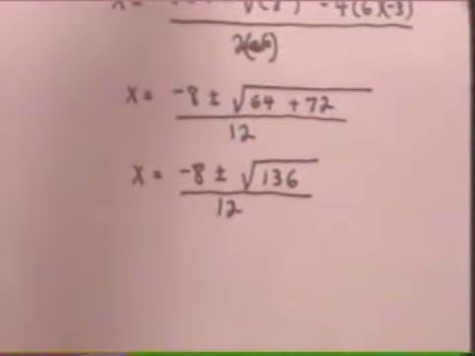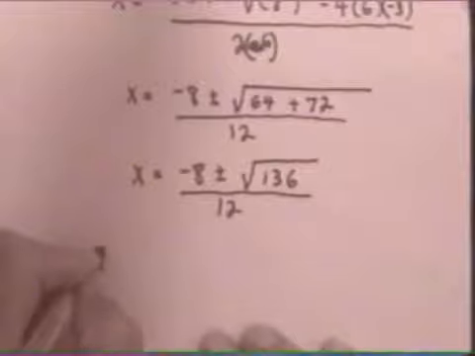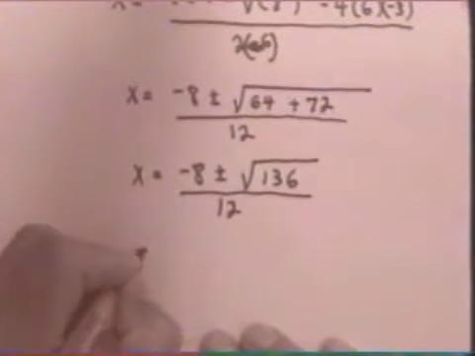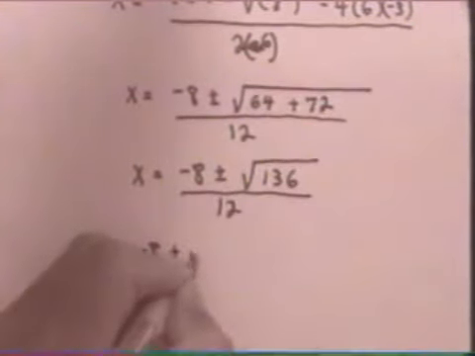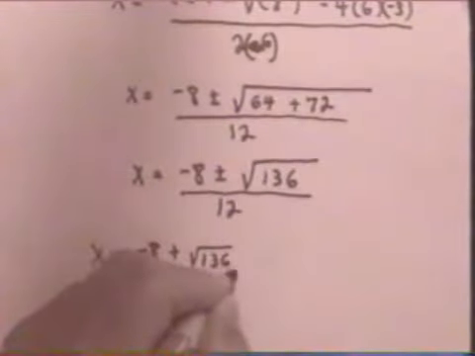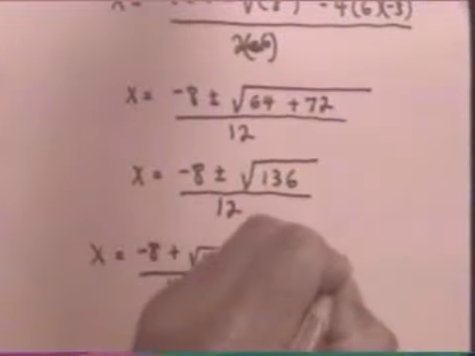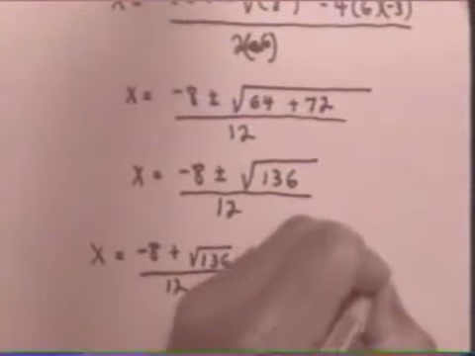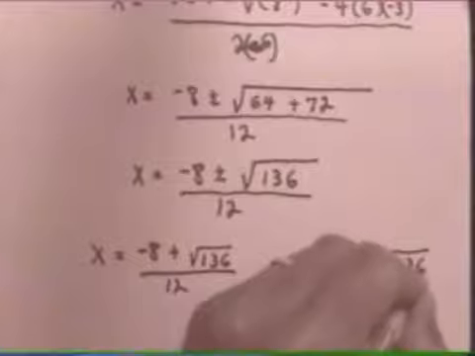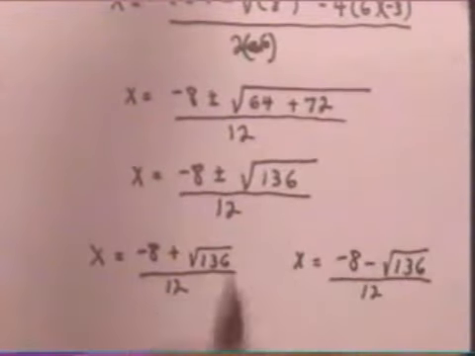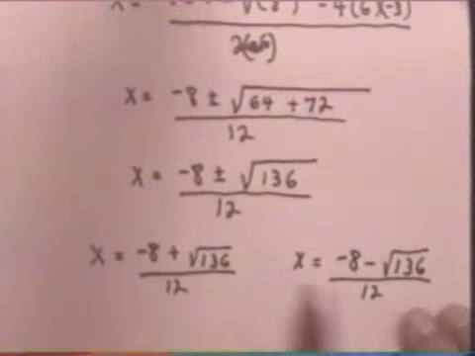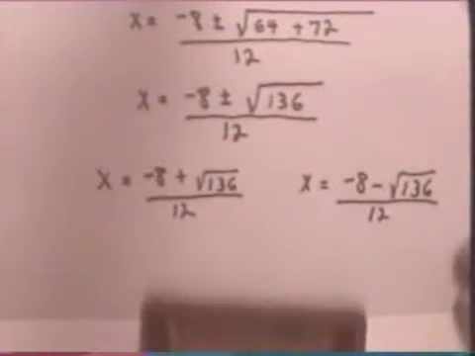Since we're going to round anyway, I might as well pull in the calculator and do my work there. So the first one would be x is -8 plus the square root of 136 over 12. The second answer is going to be x is a -8 minus the square root of 136 over 12. So what the plus or minus means: do it once with plus, once with minus. Okay, pulling in the calculator, we're going to do both of those calculations.